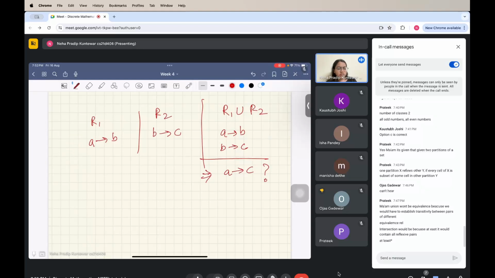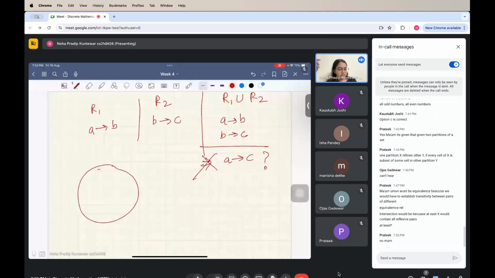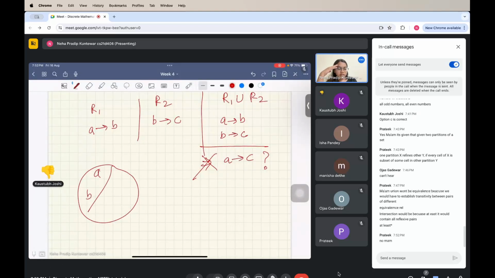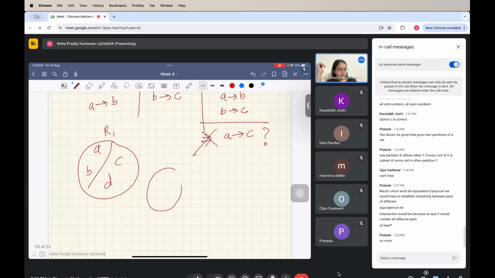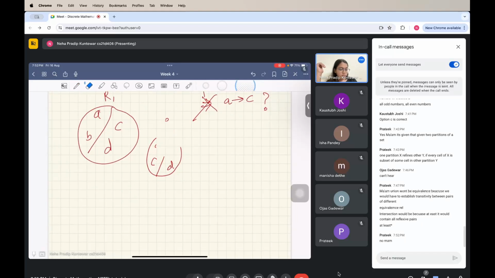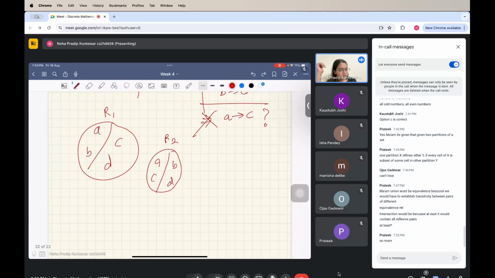So you can also come up with a small example like this. You can say that R1 is that A and B are related, C and D are related. This is R1, and R2 is that AC are related and BD are related. But when you do R1 union R2, what happens is that you put A here, therefore you're forced to put B because A and B are related, so you put them in the same partition.